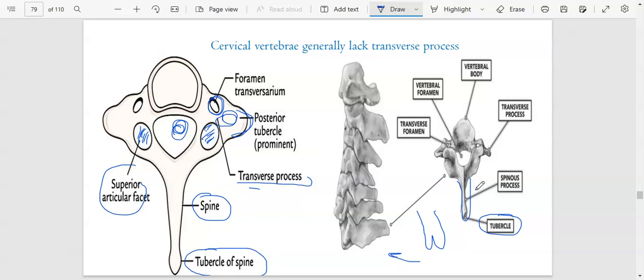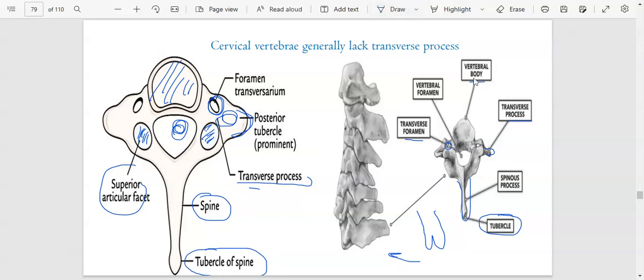But here it is not bifid. And then we've got the transverse process, just this thing that gets to come a bit outside like that. Also the vertebral body. So this is the body here. Then vertebral foramen and then transverse foramen, that opening. So we should be able to identify these different parts when we've been given these.